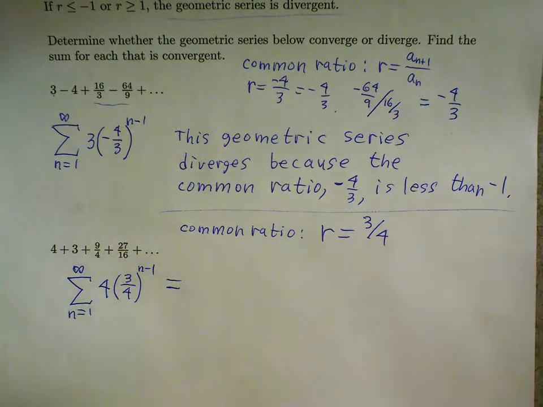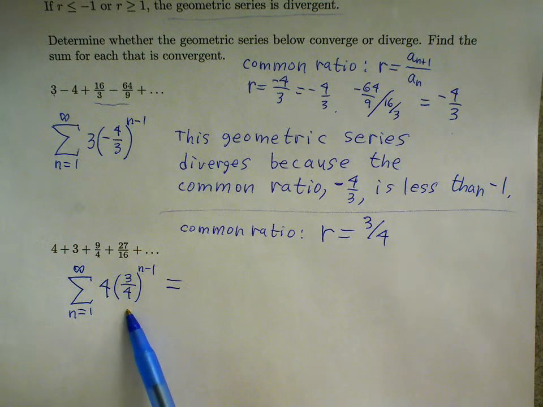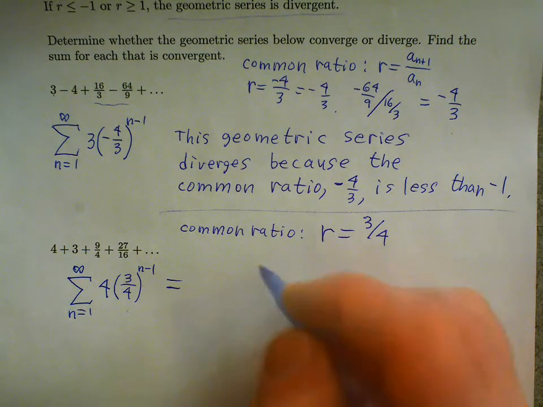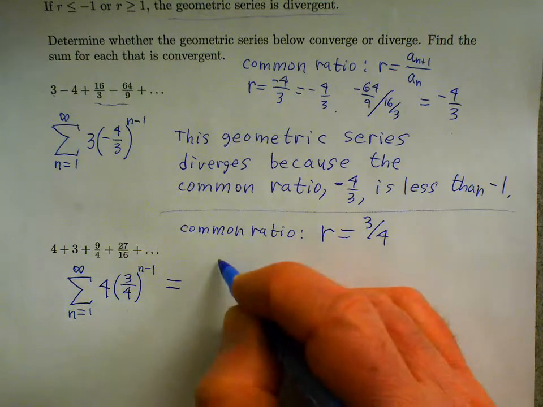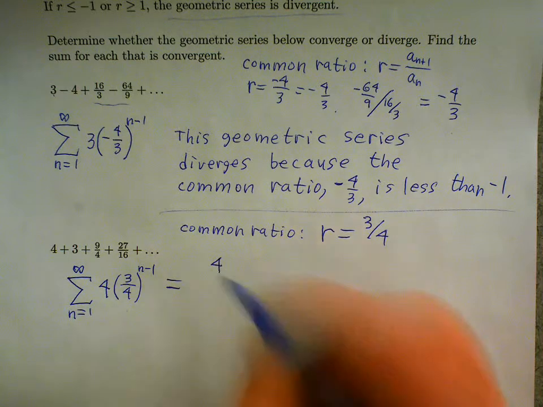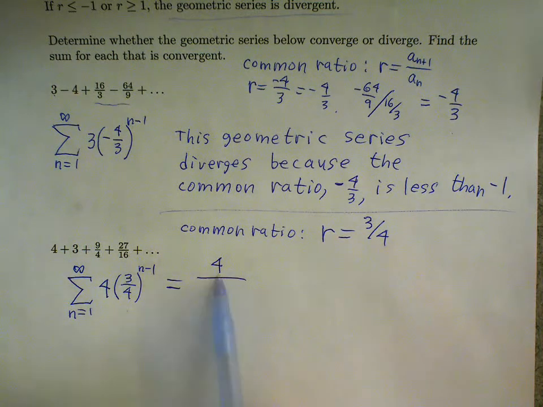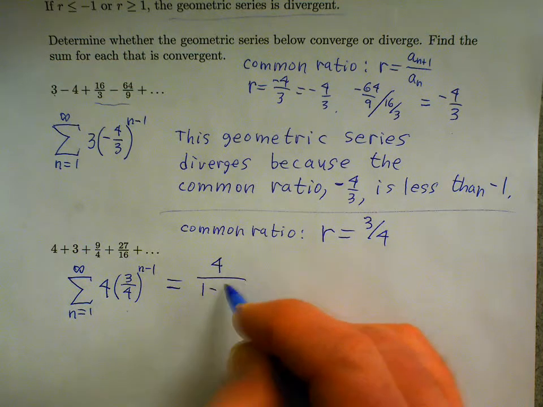Okay, then we can use the formula for the sum of this convergent series. This is converging because r is between -1 and 1. So the sum is 4, that's the first term, divided by 1 minus the common ratio.